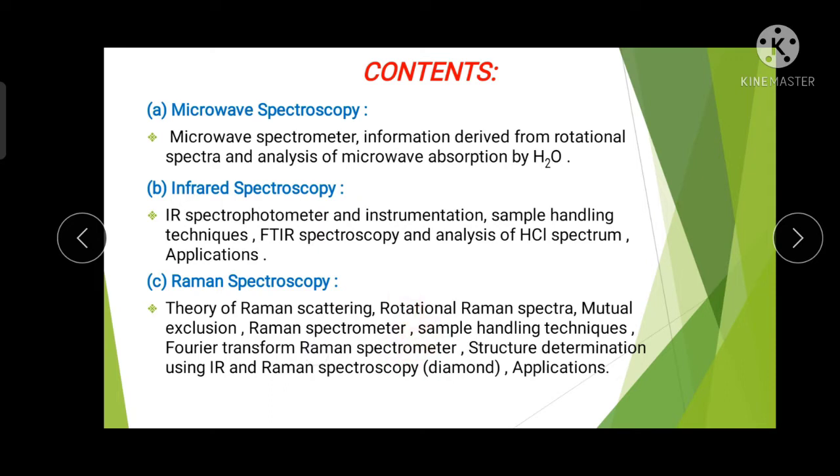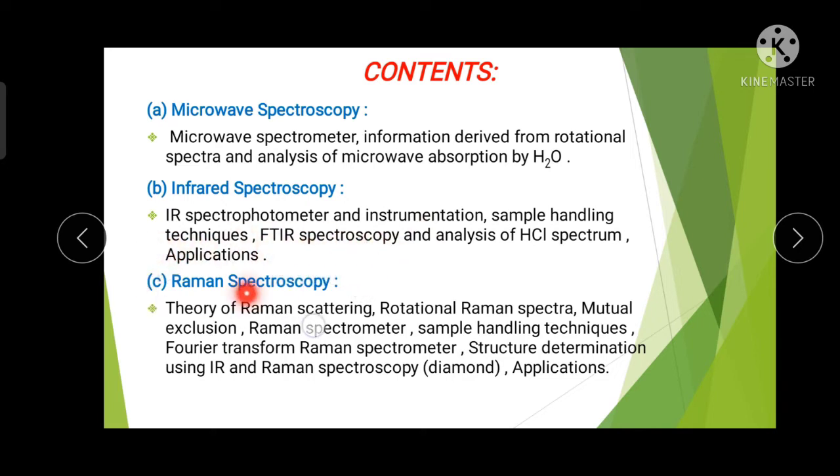All those things we will study in Raman spectroscopy. Also here there are different techniques to prepare the sample, so the sample handling techniques, and the Fourier transform Raman spectrometer, just as we already mentioned in IR spectroscopy, there is FTIR spectroscopy, that is Fourier transform infrared spectroscopy.